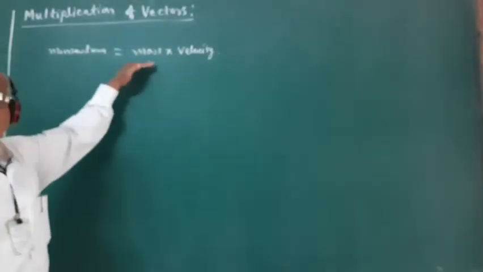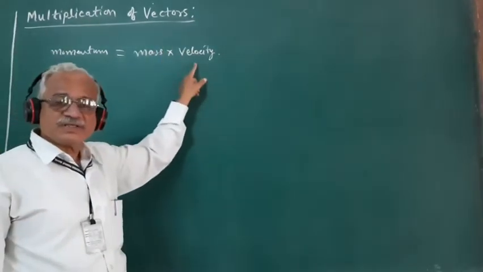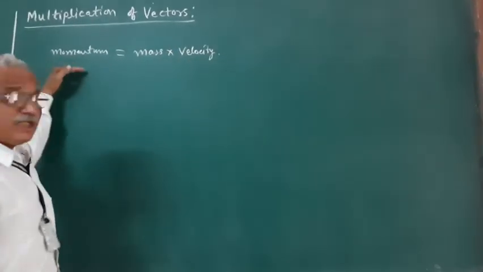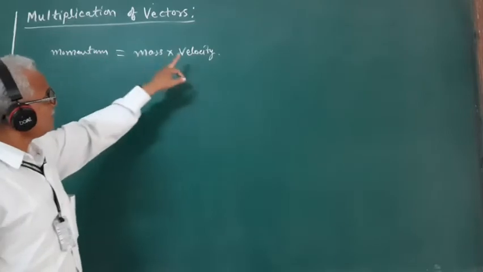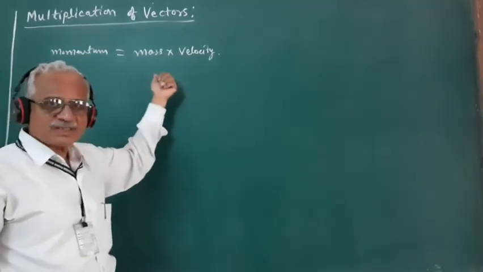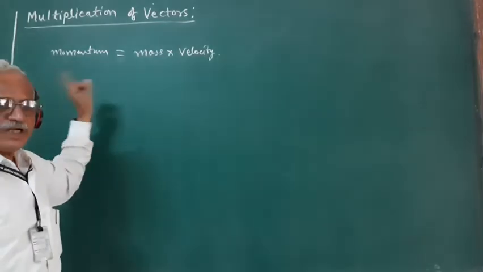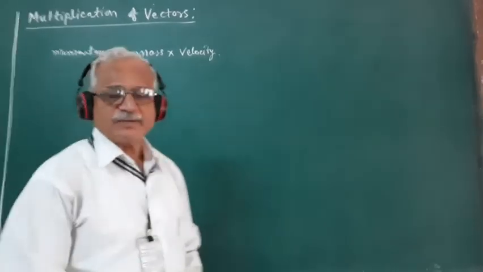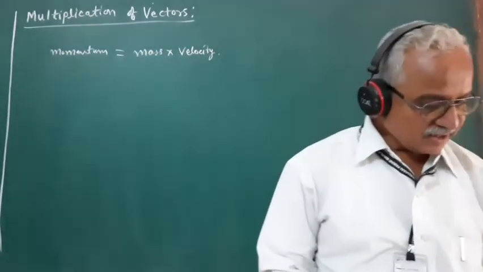Here, mass is a scalar quantity and velocity is a vector quantity. So, the momentum that results by multiplying velocity by mass is again a vector quantity. And that is how we can multiply a vector with the help of a scalar easily.